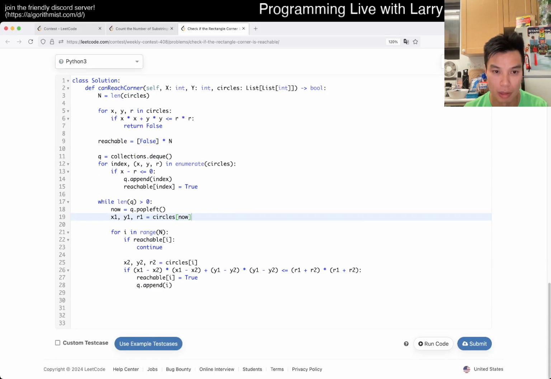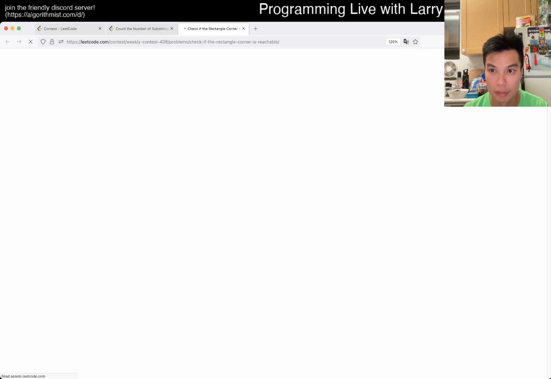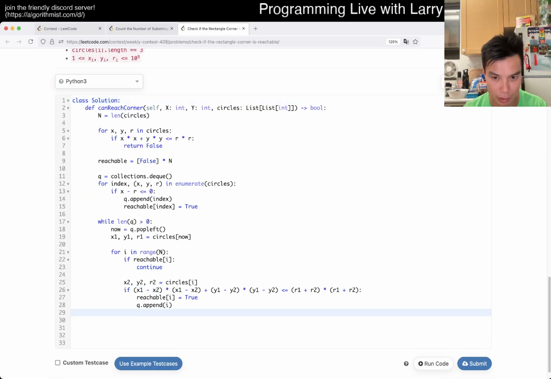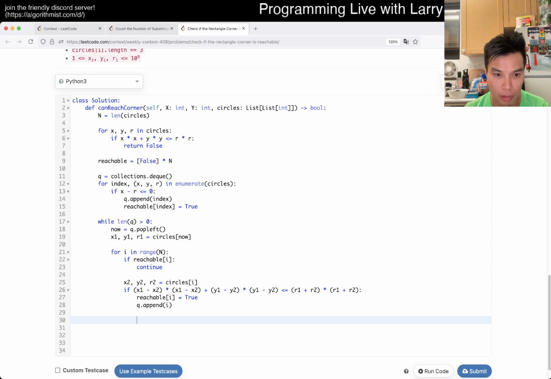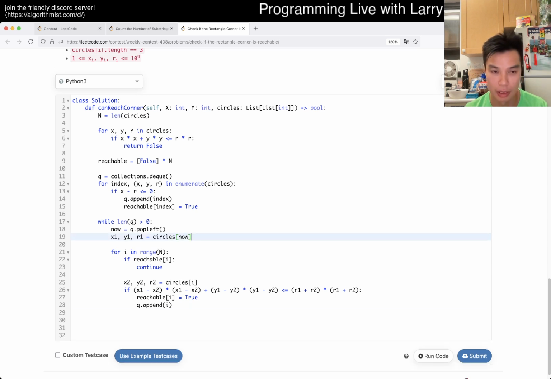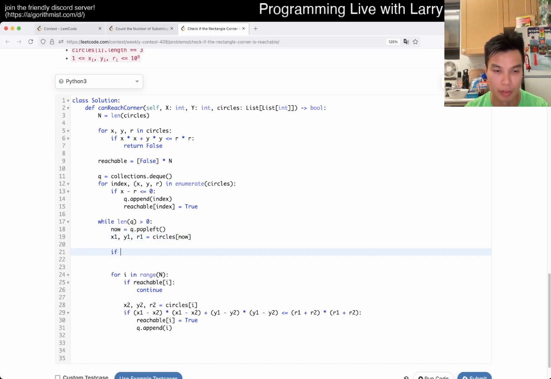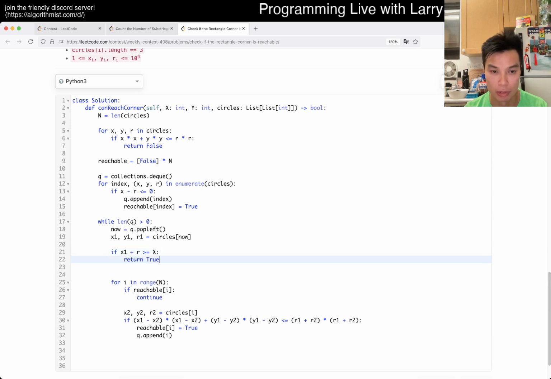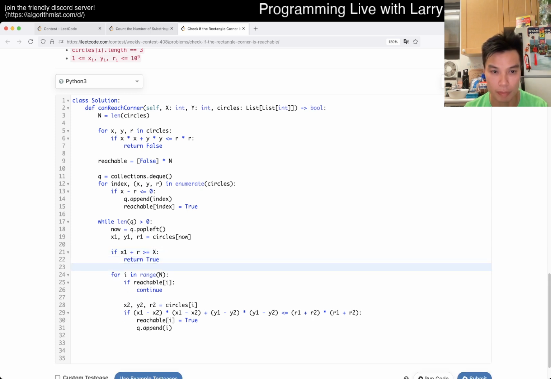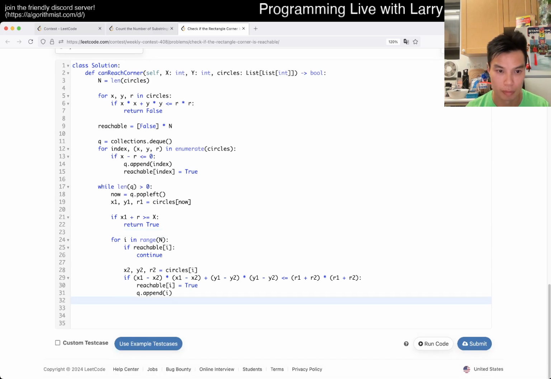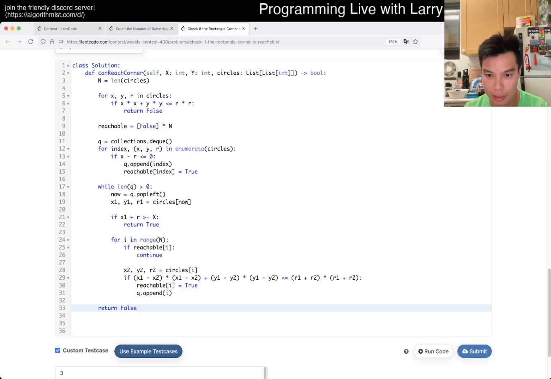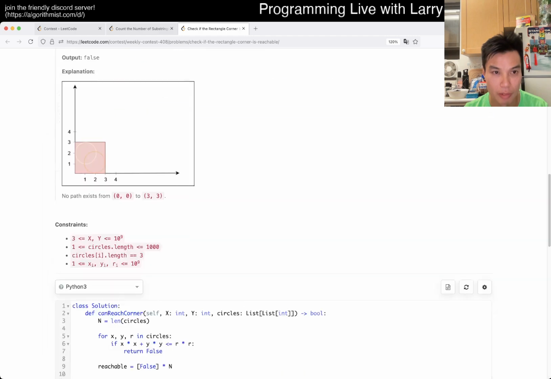Okay, so then now people are getting it. I'm not that surprised, but okay. And now, okay. Then now, if x1 plus r is greater than or equal to x, then we return true, right? Alright, this isn't done. I'm gonna just run it real quick. False true.